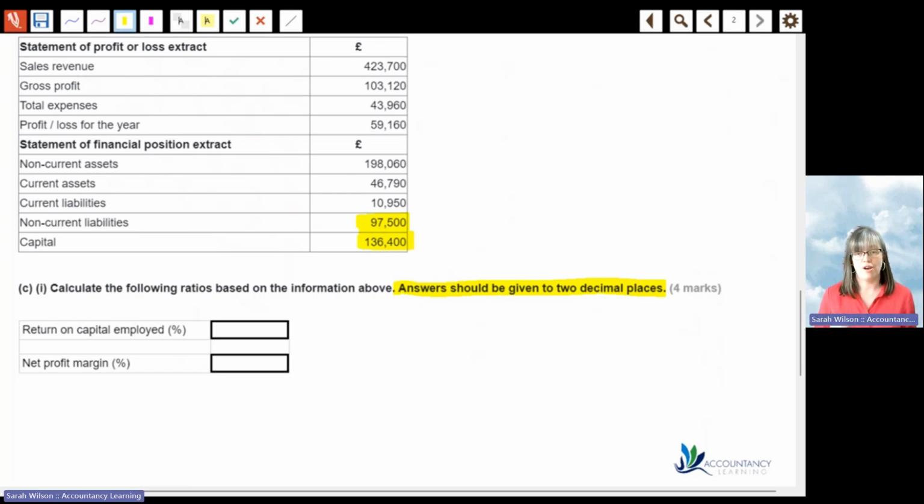Now, the return is actually going to be what have we made? So what profit have we made? So we're going to be taking into account our profit figure. So the first part is we're going to be adding together our capital and our non-current liabilities. And then we'll divide that by our profit and then multiply it by 100.